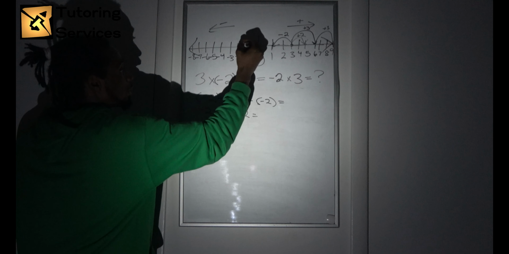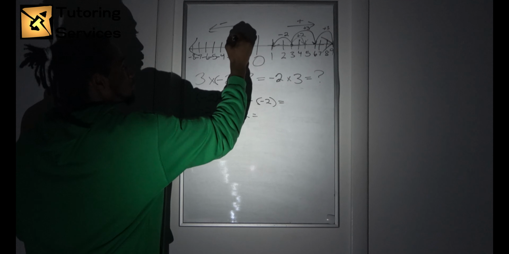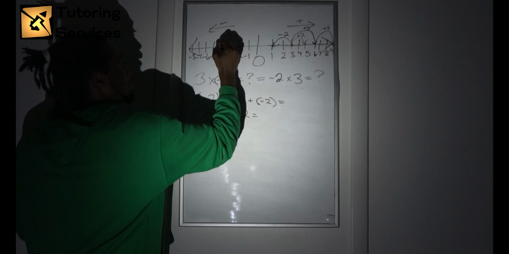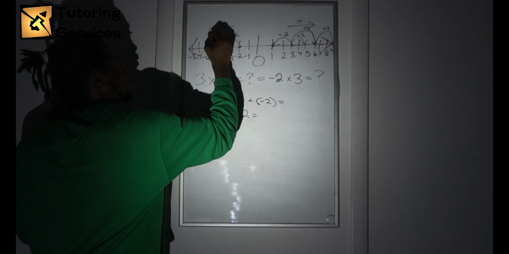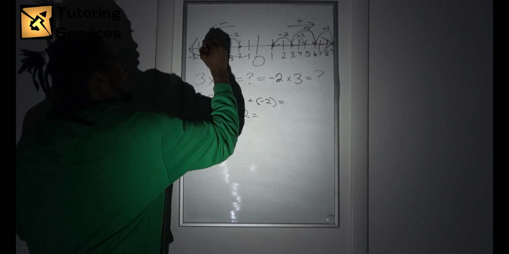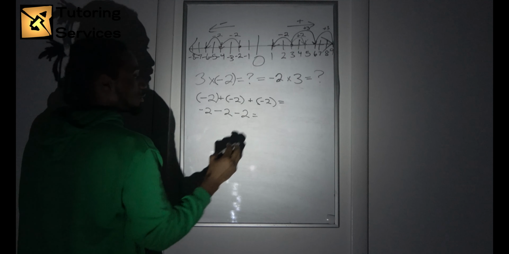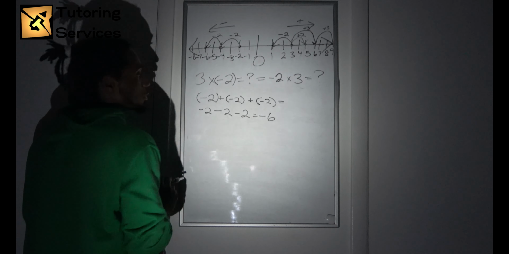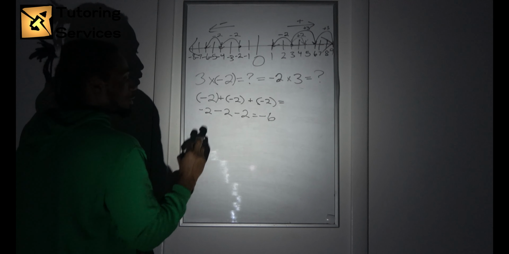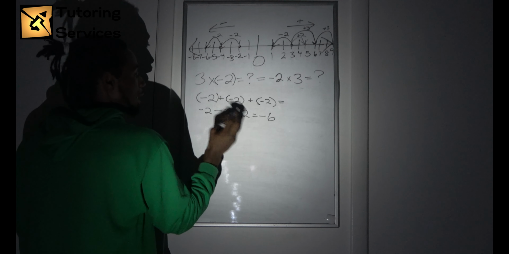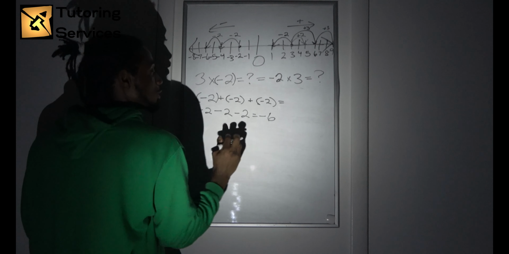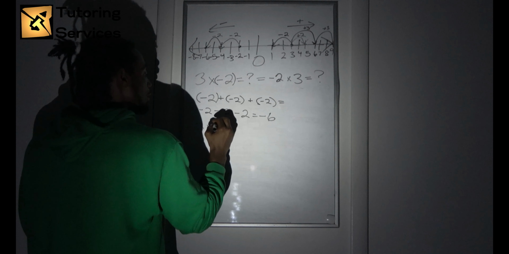We start at negative 2 and then we minus 2. So we go 1, 2. And then we go another 2, 1, 2. And where does that bring us? To negative 6. So negative 2 minus 2 minus 2 equals negative 6. And therefore, that's how we get the answer to our problem. 3 times negative 2 is the same thing as negative 2 times 3, which is negative 6.